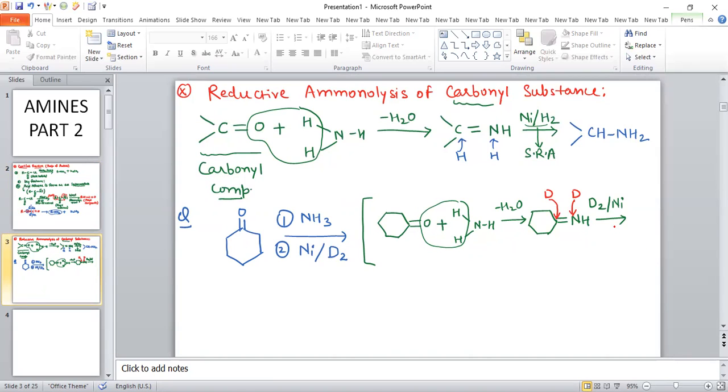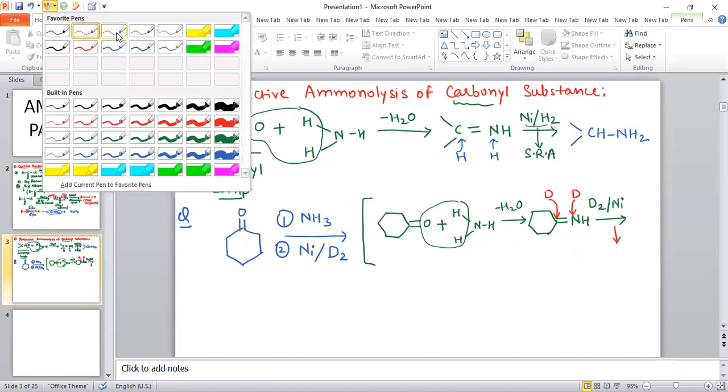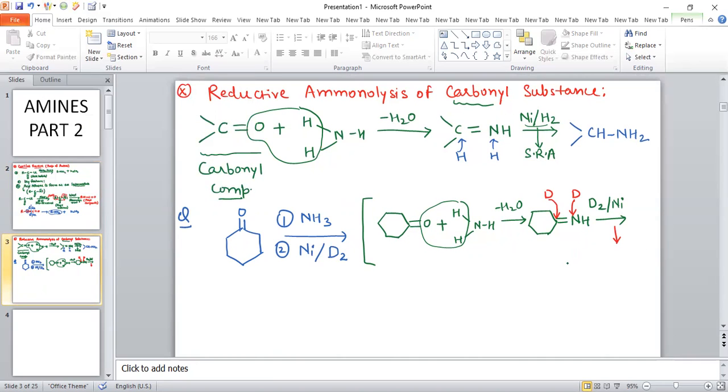So the product obtained after addition of deuterium will be like this. On this nitrogen, one hydrogen is already there and one deuterium will be added. On this carbon also one deuterium will be added. So this is basically the major product.